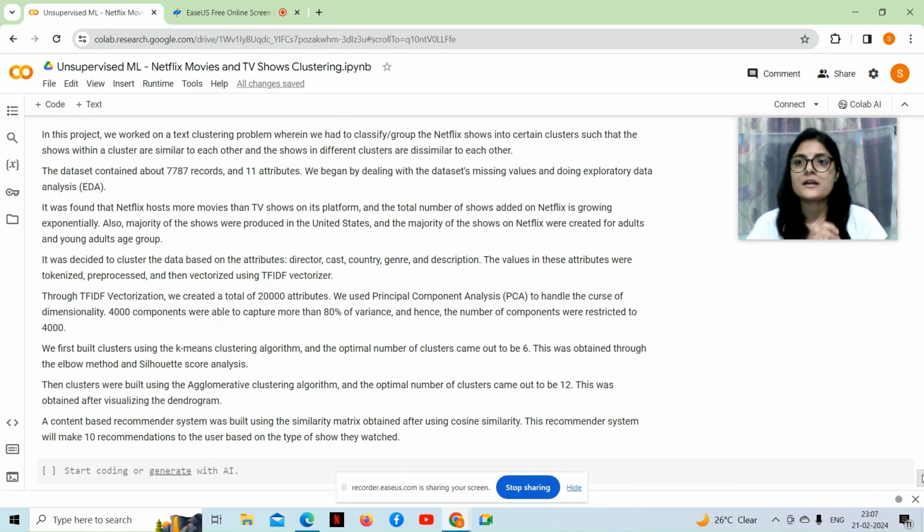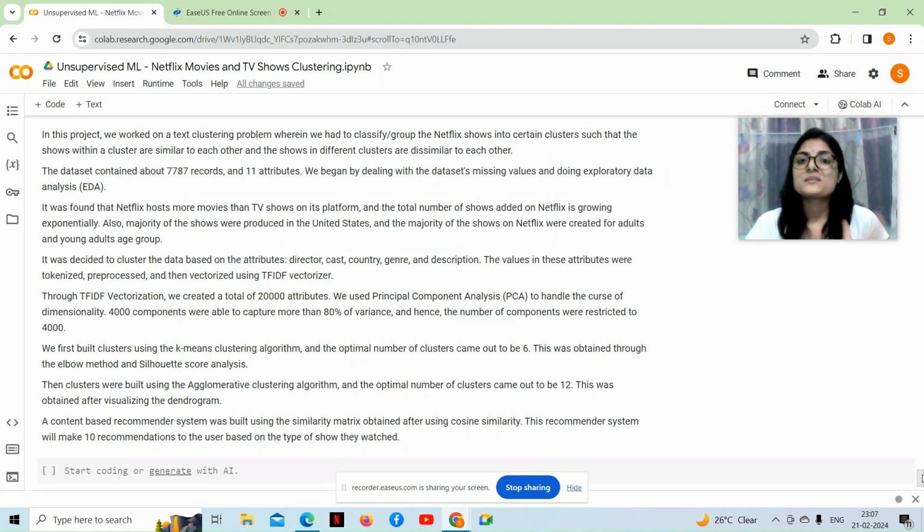It was decided to cluster the data on the attributes like director, cast, country, genre, and description. The values in these attributes were tokenized, pre-processed, and then vectorized using TF-IDF vectorizer. Through this vectorization, I created a total of 20,000 attributes.